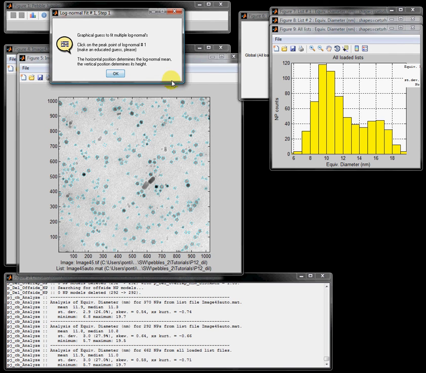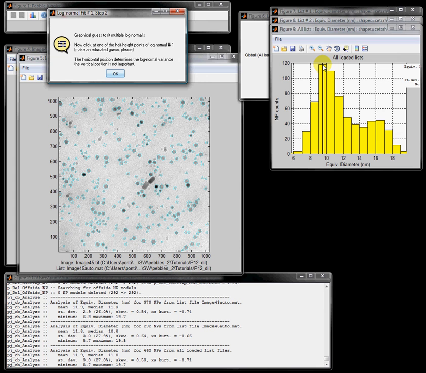First, I have to click on the top of one of the peaks. It is important both the position and the height of the point where I click, because they will determine the position and the height of the peak.